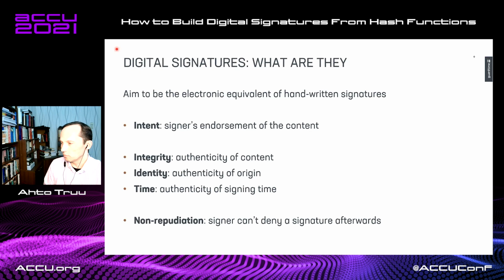In other words, the document can potentially be used as evidence against the signer after it has been signed. So this is essentially what we want from digital signatures in order to replicate the functionality of handwritten signatures in the real world.